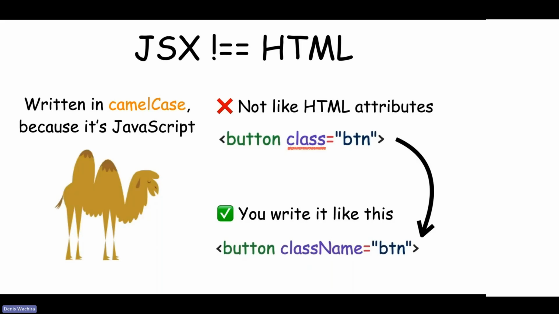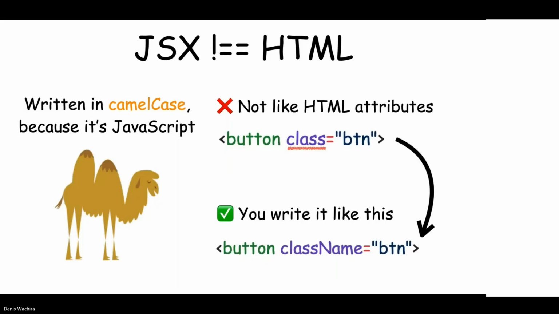This is something you need to put a key on, because camel case is now the official way you write JSX in React. So if it's class, now we use className instead of what? The class. You need to follow the camel case naming convention so that className can work.